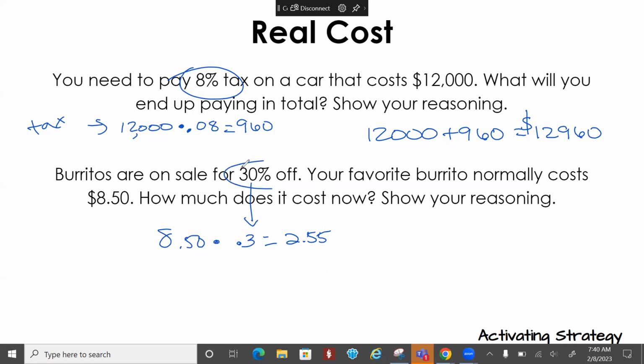Well, we're getting a discount. Wouldn't adding that make it more, right? What are we going to do instead? Subtract. So we're going to take 8.50 and subtract that 2.55, right? Okay, so we get 8.50 minus 2.55. That's going to give us $5.95.